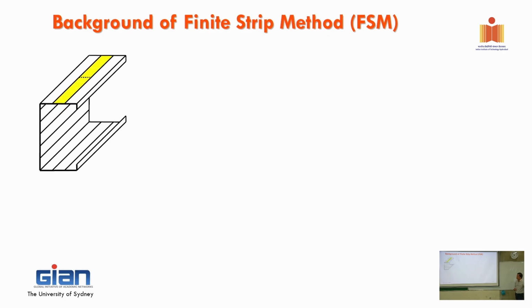Right, so for those who would like to know a little bit, maybe one slide on finite strip. In finite element, we divide the member into elements, right? You have 4 nodes, or depending on whatever element you choose. For finite strip, we cut the section into multiple strips. And the thickness is virtual.